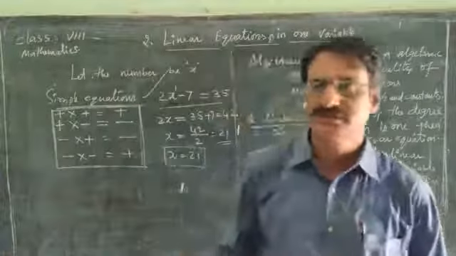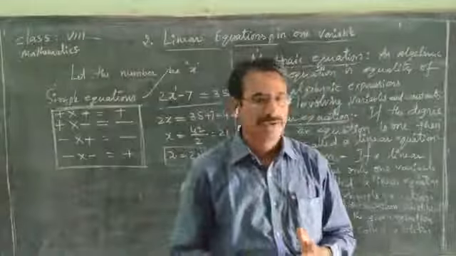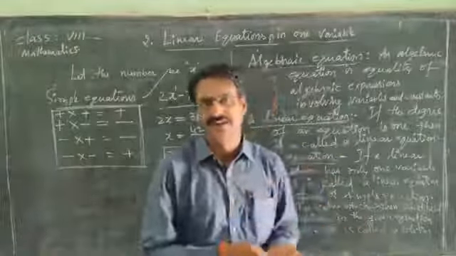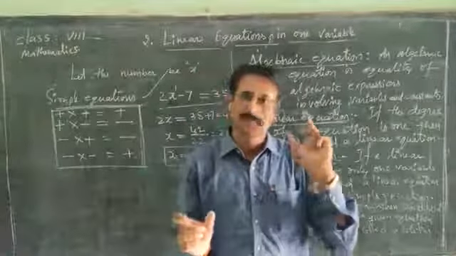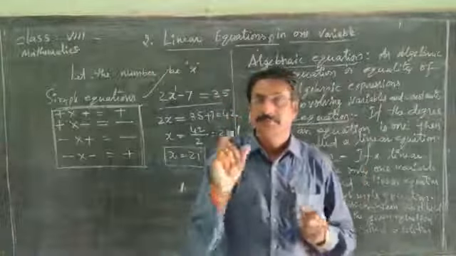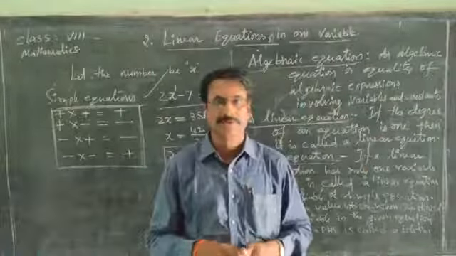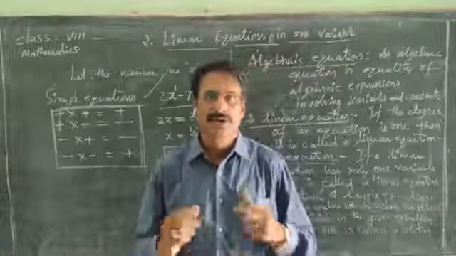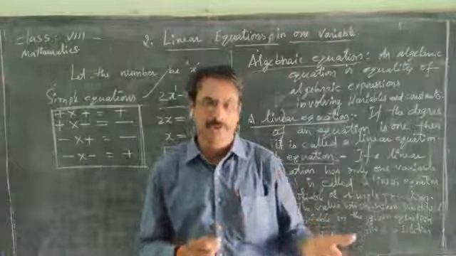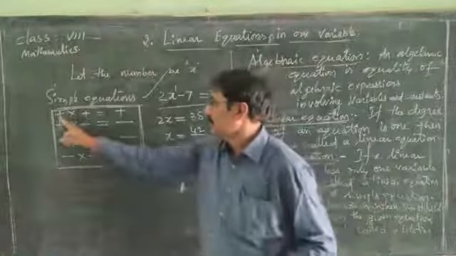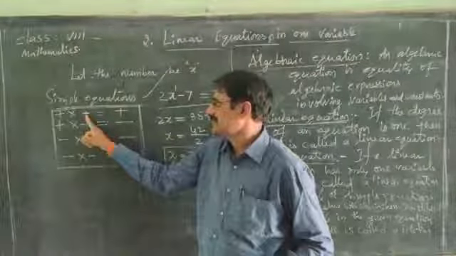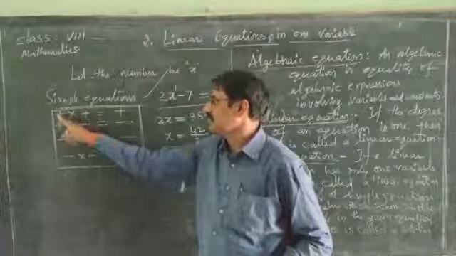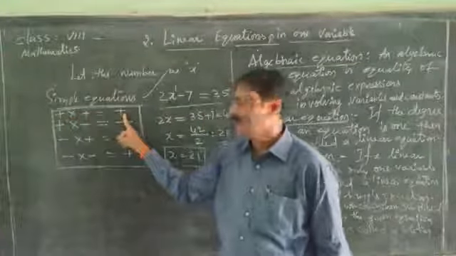When we transpose terms in equations from one side to another side, plus quantity becomes minus quantity, minus quantity becomes plus quantity, into quantity becomes divided by quantity, and divided by quantity becomes into quantity. Also, the multiplication of two positive terms is a positive term.